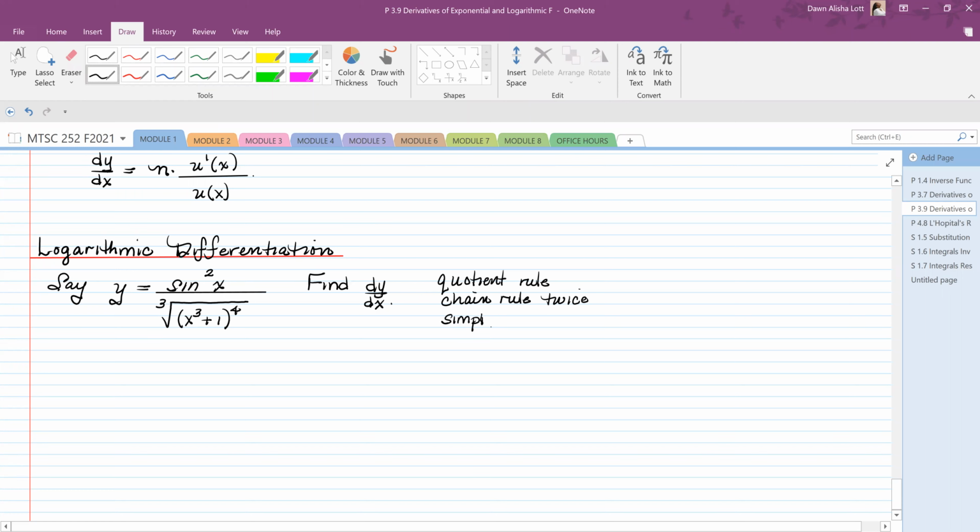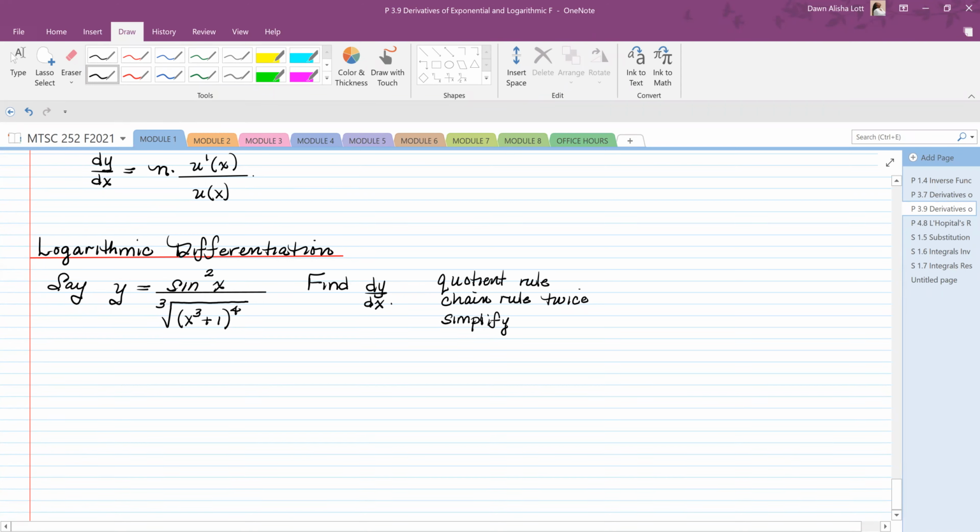And by the time I do all that, I could have made a plethora of errors. The derivative of the numerator, I have to do 2 sine x times cosine of x. I got to rewrite the denominator as x cubed plus 1 to the 4 thirds. And then I got to do a chain rule on that and then simplify.